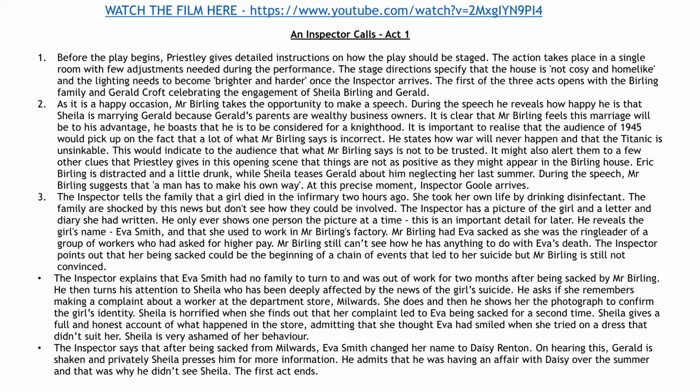And then he moves on and says that after being sacked from Millwards, Eva Smith changed her name to Daisy Renton. On hearing this, Gerald is shaken, and privately Sheila presses him for more information at the very end of Act 1, and they are the final two on stage in this act, where Gerald then admits he was having an affair with Daisy over the summer, and that was why he didn't see Sheila, and the curtain closes.